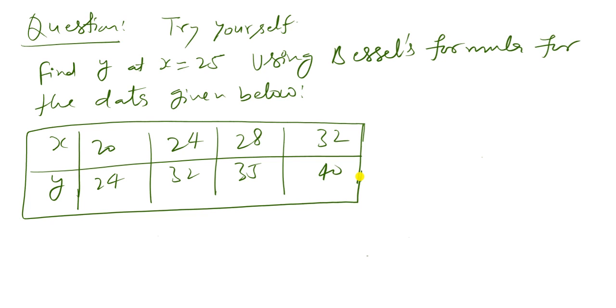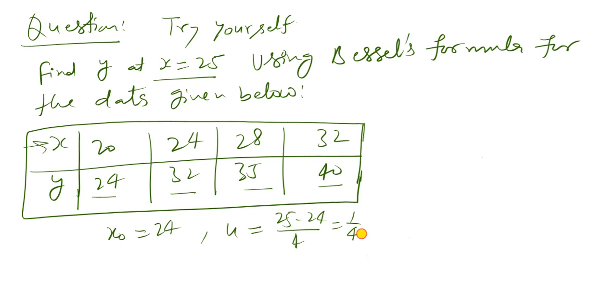Now the next question, based on Bessel's interpolation formula, try yourself. Find the value of y at x is equal to 25 using Bessel's formula for the data given below. The x arguments are 20, 24, 28, 32 and the y values corresponding to the x arguments are 24, 32, 35, 40. So in that case x is equal to 25, so we consider x naught is equal to 24 and compute the value of u is equal to (25 minus 24) upon h, where h is 4.